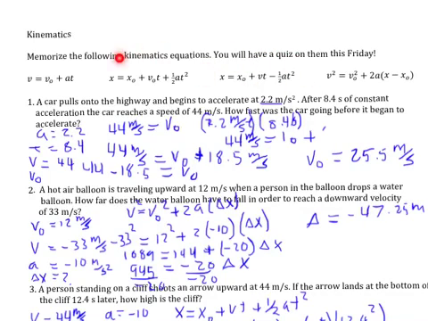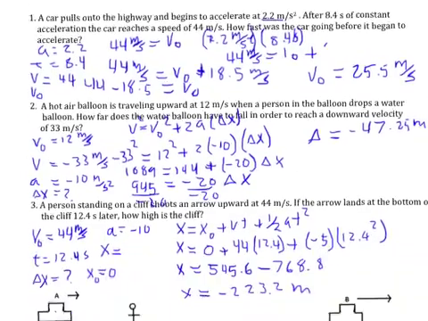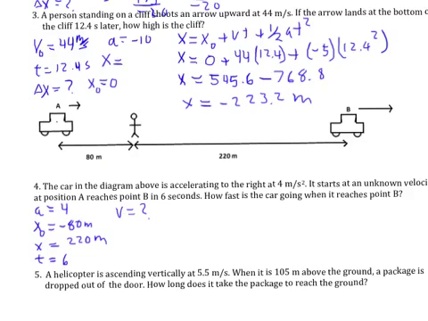Keep in mind, these two look very similar to each other. The difference is this uses initial velocity and I add 1/2 at squared. This uses the final velocity and I subtract 1/2 at squared. So let's just try this now. I'm going to say x equals x naught plus vt minus 1/2 at squared.